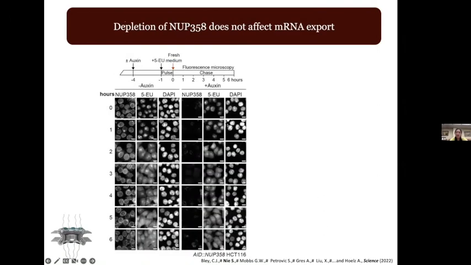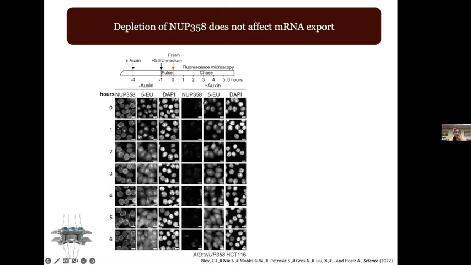With this cell line, we tried to see whether 358 affects mRNA export. We did one assay called pulse and chase. We first labeled the RNA in the cells, and then monitored the RNA's position in the cells with or without 358.